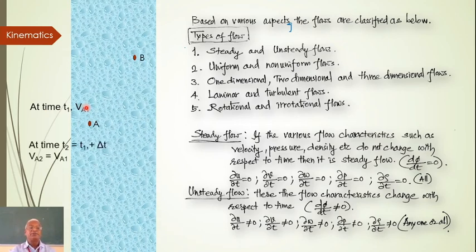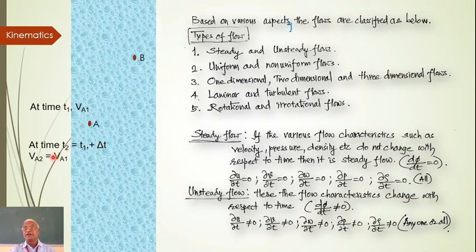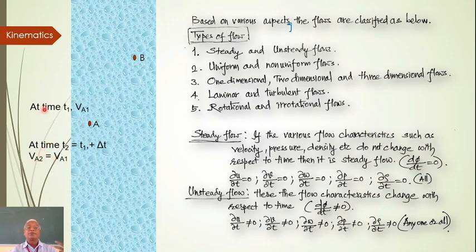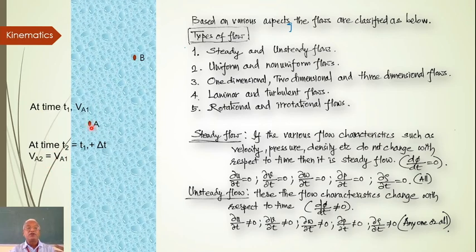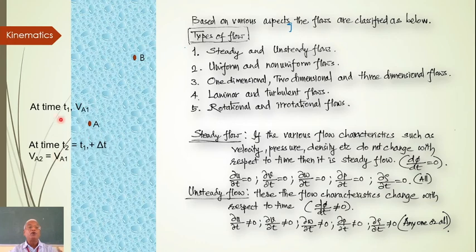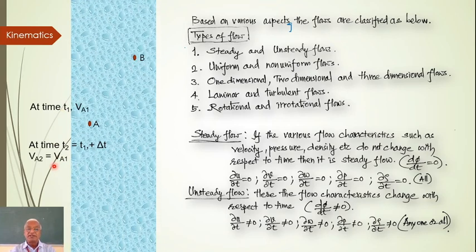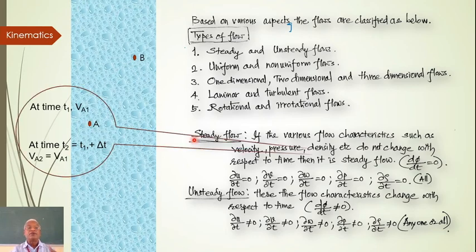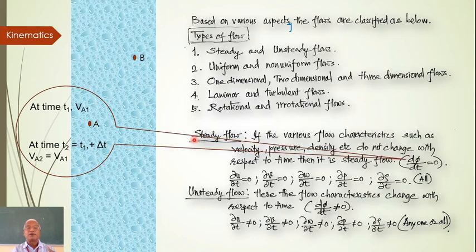And then after some time, at time t2, which is t1 plus delta t, maybe after 5 minutes, 10 minutes, or 1 hour, say 12:30, I see what the velocity is at A only, but at time instant 2, VA2 is found to be equal to VA1 only, meaning it has not changed all along, let us say, right? The velocity is not changing as time passes at a particular point. Then this indicates it is a steady flow, right?